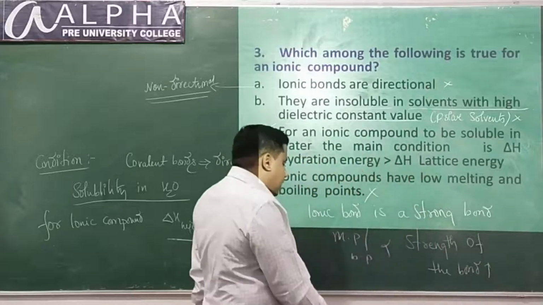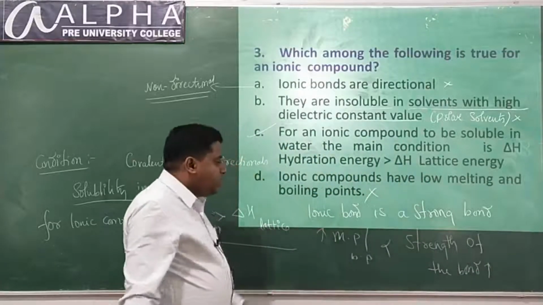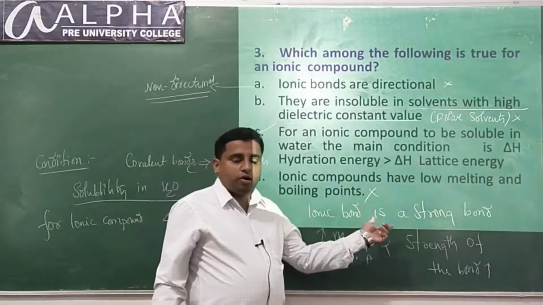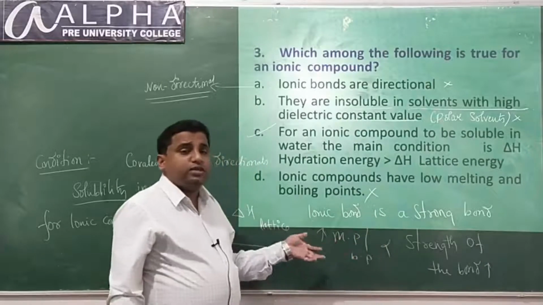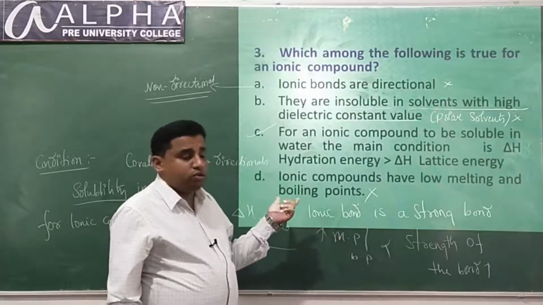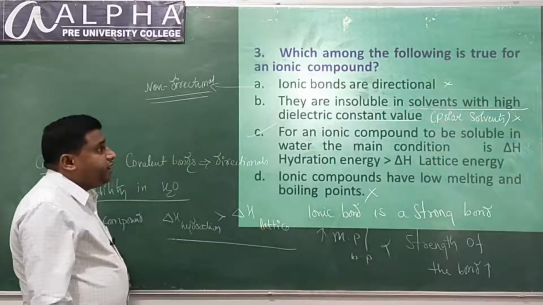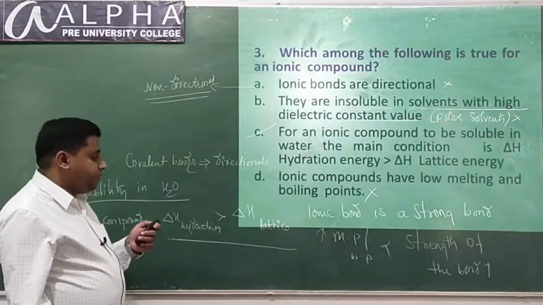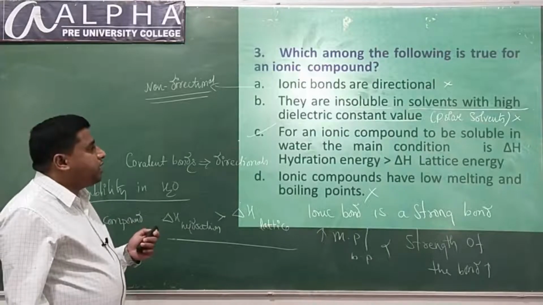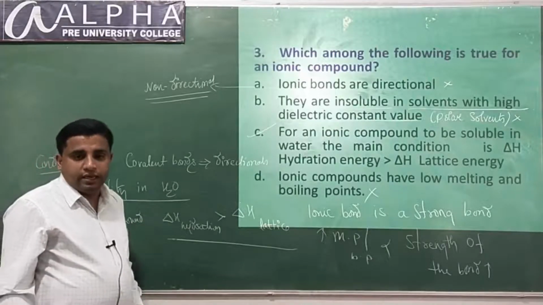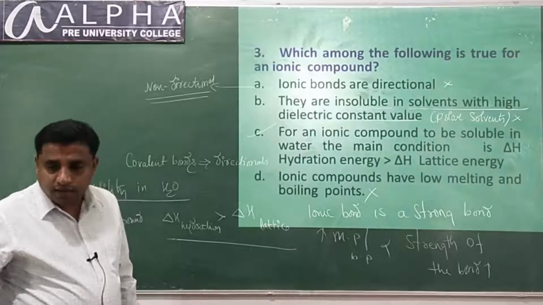Stronger the bond, higher is the melting point and boiling point. We know ionic bond is the strongest bond. That means melting point and boiling point is highest for ionic compounds. So option D is also wrong. Hence, according to the question, which among the following is true for an ionic compound? Of course it is option C. Is that simple? Next question.